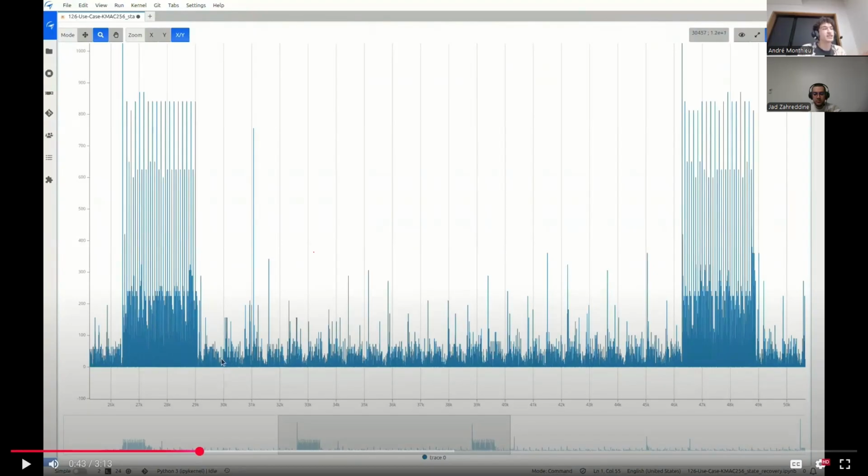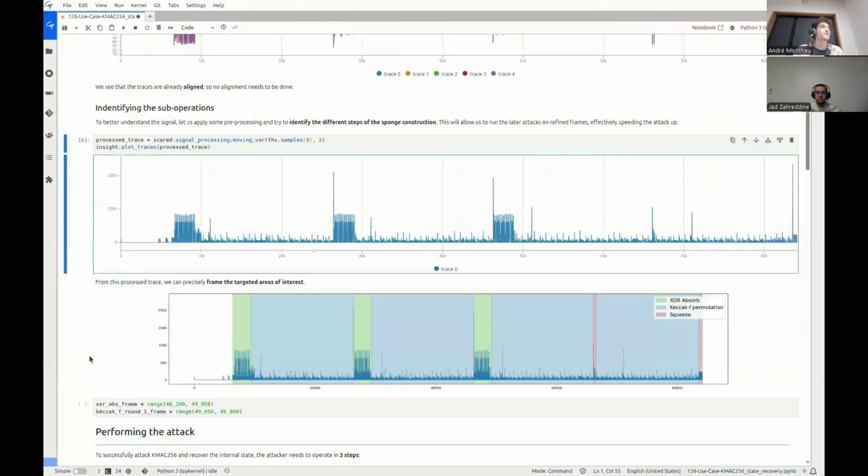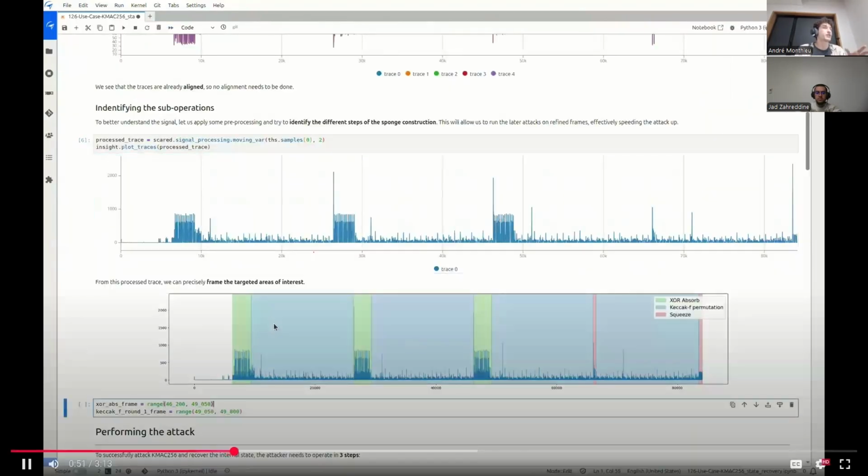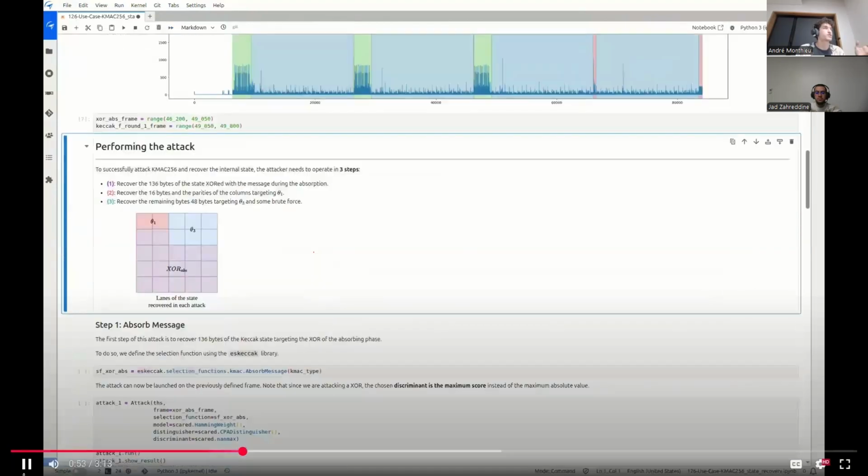So we can actually identify the rounds of the Keccak F permutation in the trace. This is really useful because we are going to be able to precisely define frames of the operations of interest, which in that case is the absorbing of the message M and the first round of the Keccak F permutation.